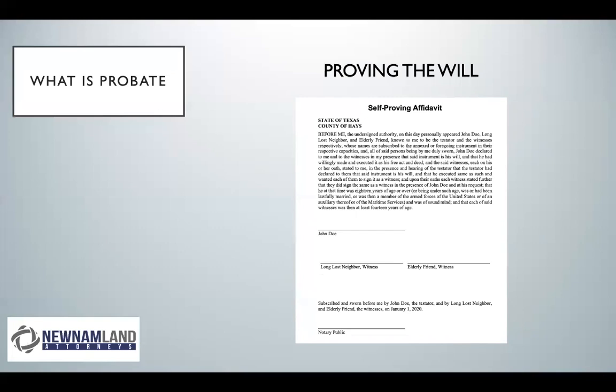So for example, without going too deep into this, a will that is half in the handwriting of the person who made it and half typewritten may be partially invalid. A will that is all handwritten may be completely valid, but there's got to be certain things about the will legally that make it valid.